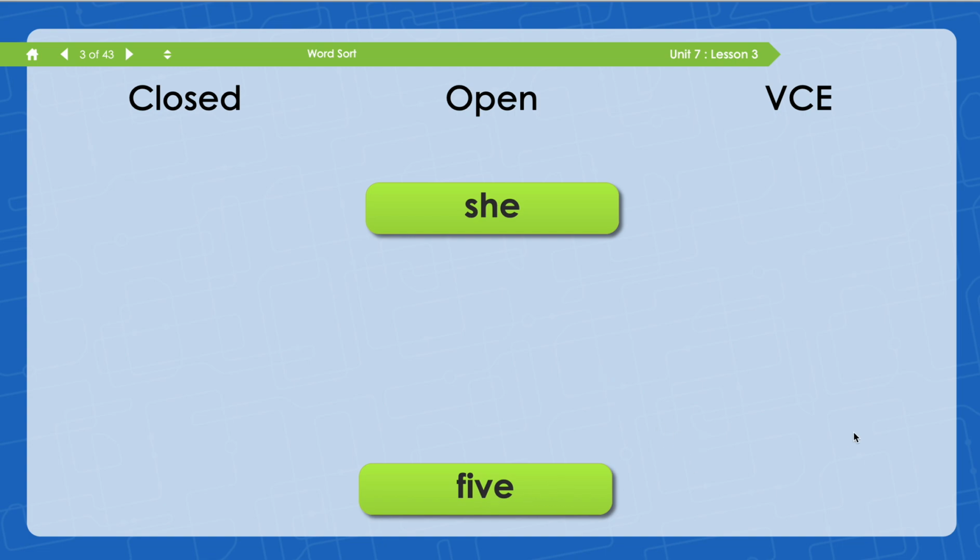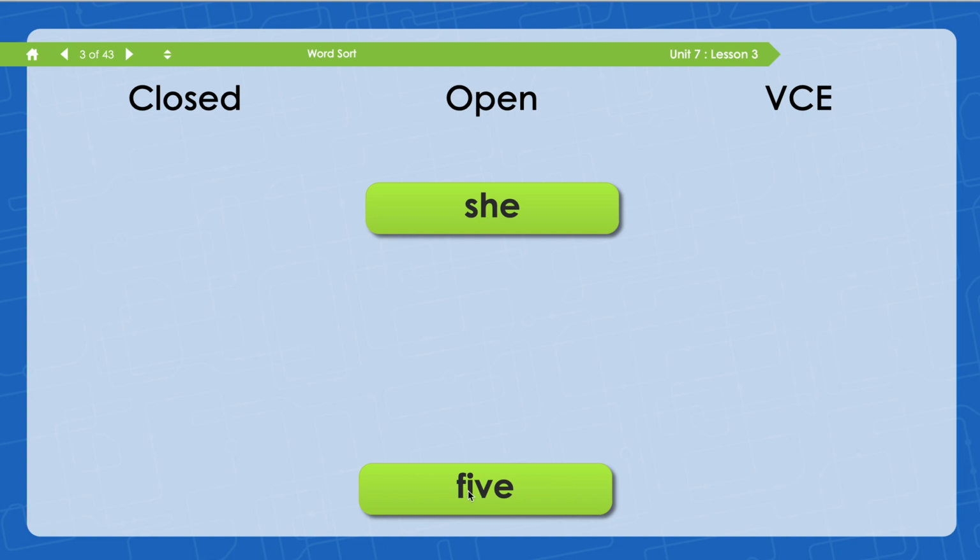So it's open. It's following the rule. Now let's look at this next word. Five. So I've got 3 fingers up when I finger stretch it. Five. Now let's look at that word. I'm going to first identify my vowels. I've got an I and an E. I've got 2 vowels in that word. Now, when I touch it, and when I finger stretch it, I notice a pattern here.